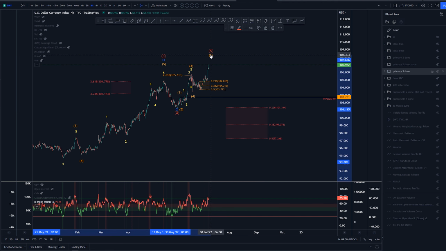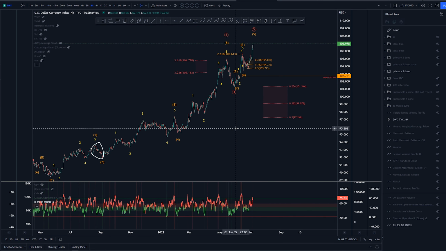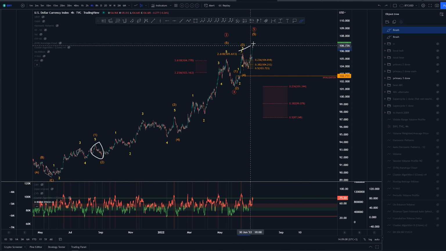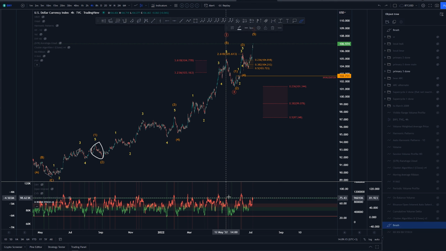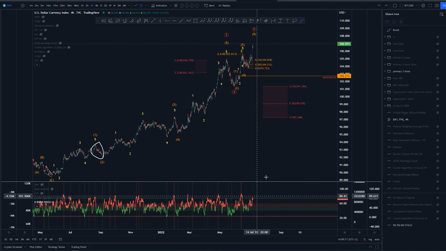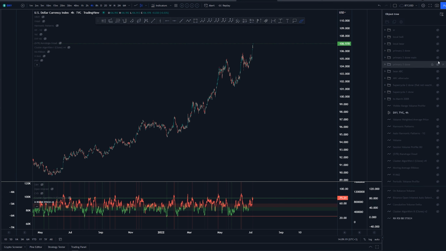Again, we wouldn't be expecting too much higher of these current prices at the moment. We do have that divergence here in play already between the 3rd and 5th, and actually we don't have the 3rd and 5th here anymore. So yeah, that makes it even less likely.